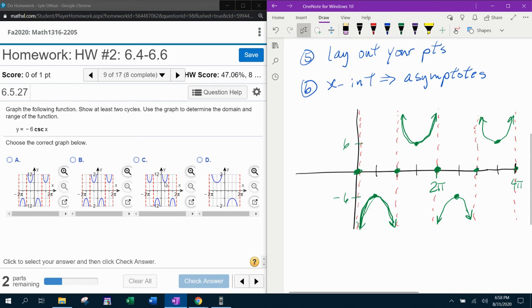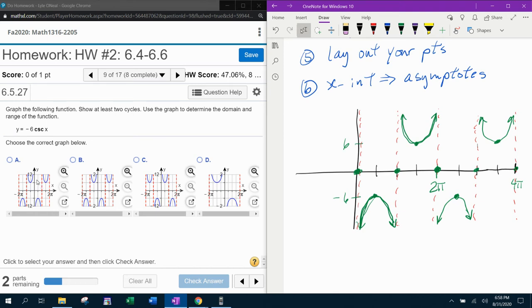And so C cannot be correct. It's got the humps in the wrong places. And D cannot be correct because from 0 to 2 pi, you've only got one hump. And over here from 0 to 2 pi, you've got an up and a down hump. So D can't be correct. So it's either A or B.